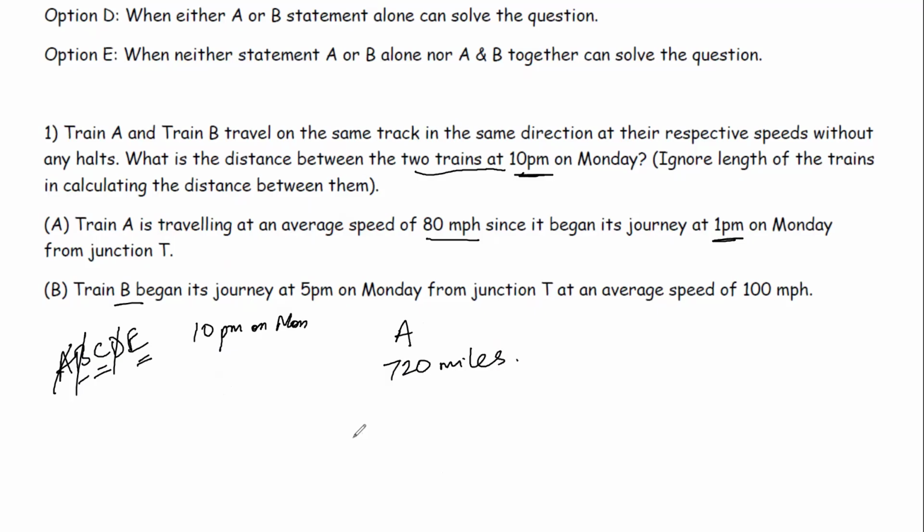And B would have traveled from 5 p.m. to 10 p.m., which is 5 hours, so that's 500 miles. So the distance between the two trains at 10 p.m. is 220 miles. So we get an answer. C is the answer.